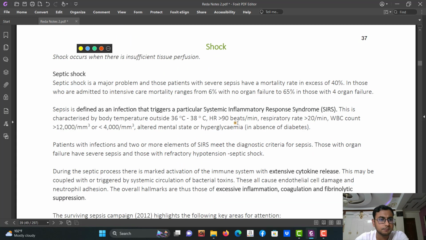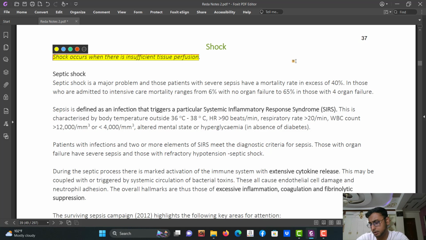Now shock is very important, that is where there is insufficient tissue perfusion. There are many causes of shock, because it depends on the cause. If the problem is within the heart, then this is one kind of shock.